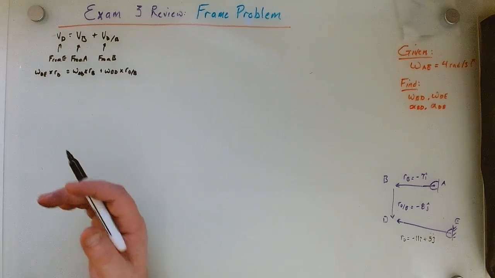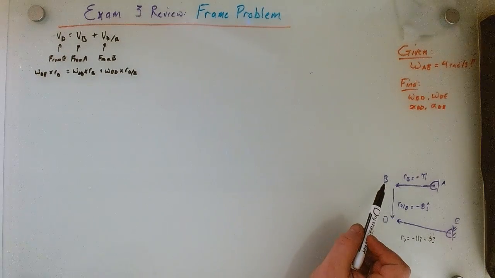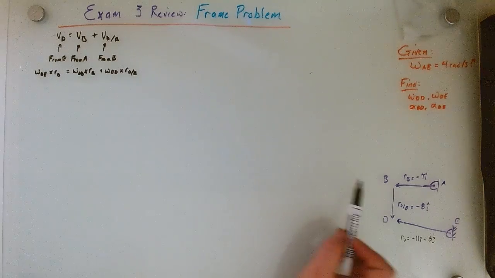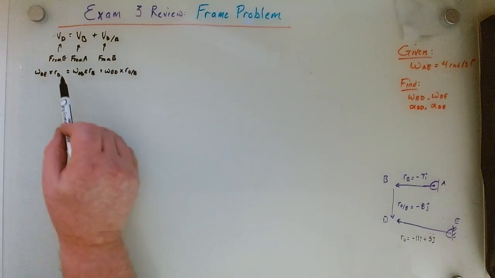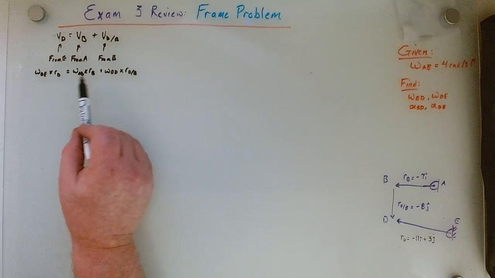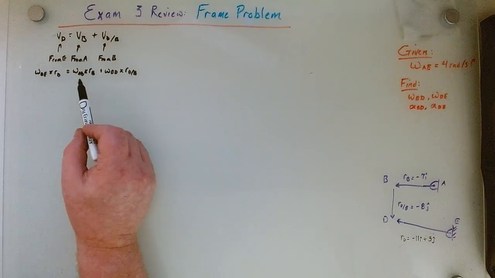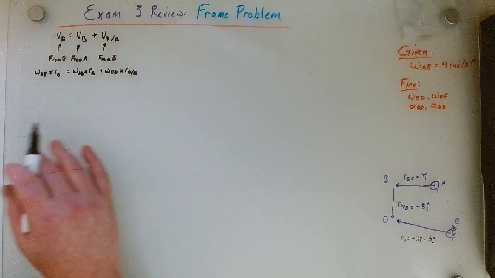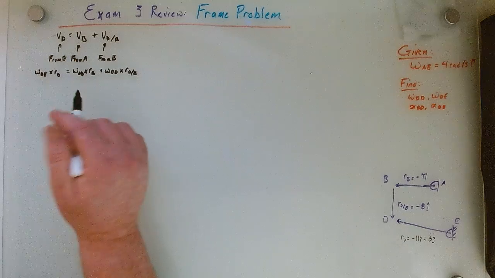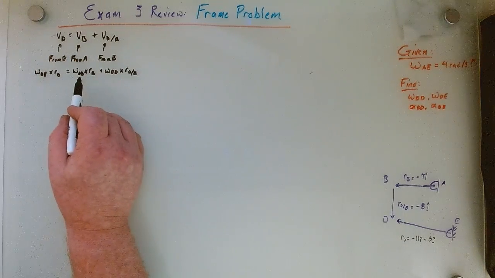Note that solving for VB first is just doing this part first, right? And that is exactly what we would do here. So we can do this stepwise, or we can throw it all together. I think it's a little bit easier if we do this part first because we have a number for omega AB.